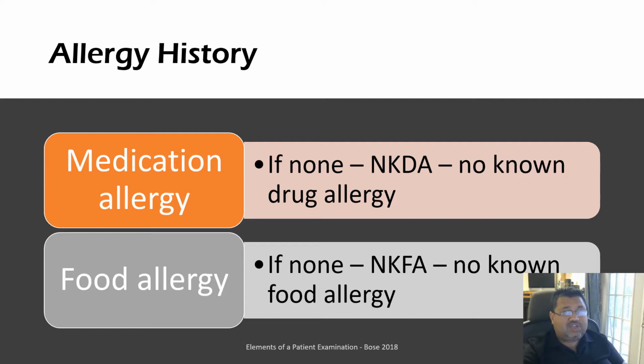Allergy history tells us about any allergies that the patient may be known to have. So to learn about allergy itself and how it is caused, go back and review immune physiology. Briefly speaking, these are immunoglobulin mediated immune reactions, specifically IgE.